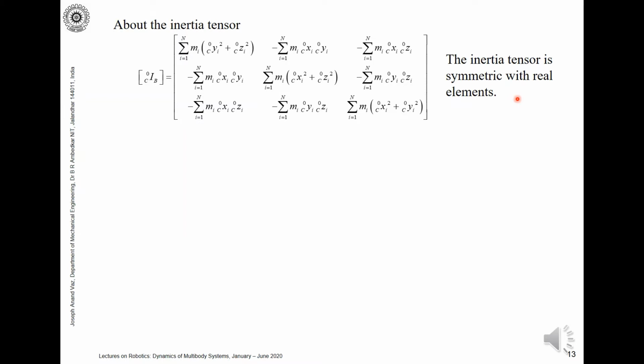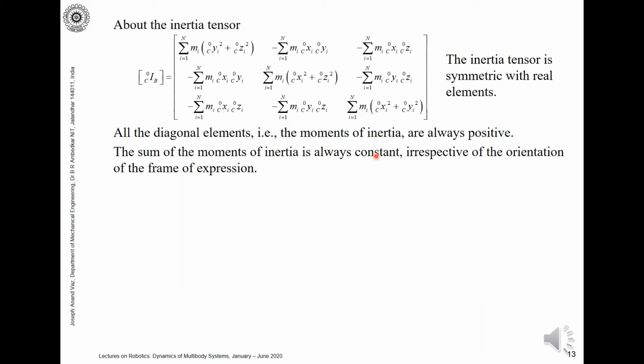So the inertia tensor is symmetric with real elements. All the elements of this matrix are real. All the diagonal elements, that is the moments of inertia, are always positive. This we have already seen.